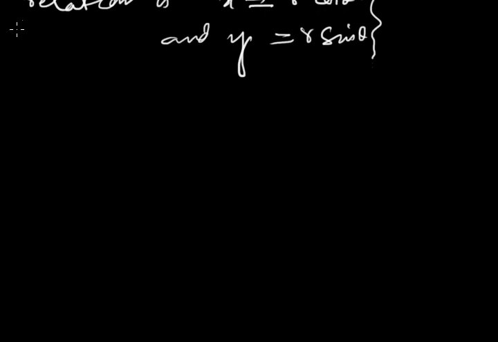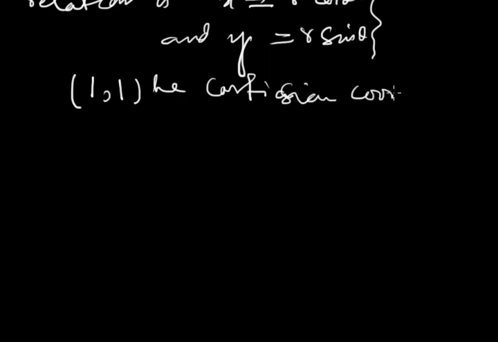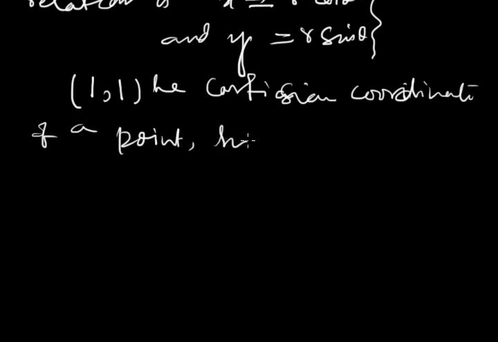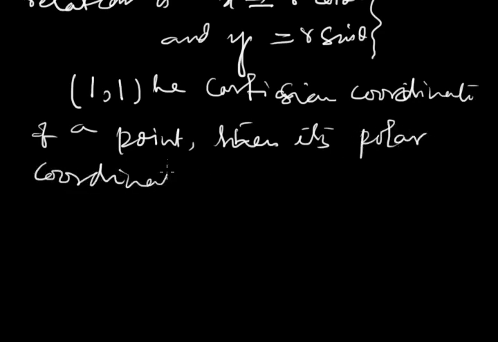For example, if (1, 1) be the Cartesian coordinate of a point, then its polar coordinate is as follows.